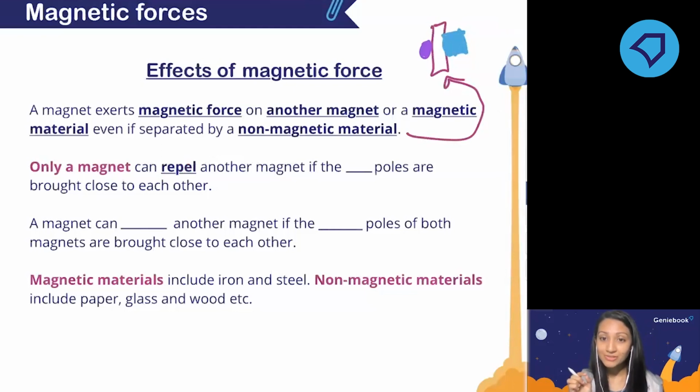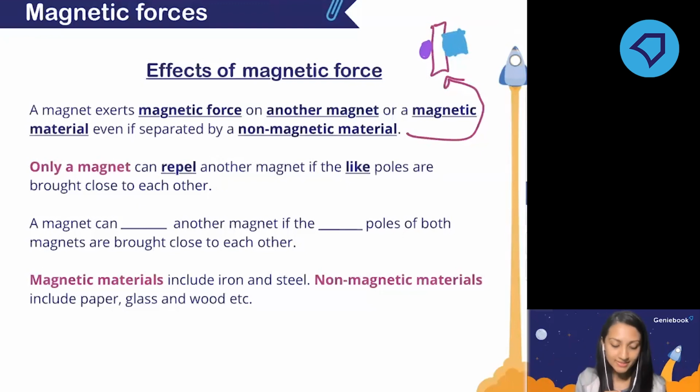Very good. Like poles. Do you remember the poles on the magnet? What are the two poles that you've learned? Okay, so you tell me S and N, what does it stand for? North and south. Very good. So like poles will be things like south and south or north and north.